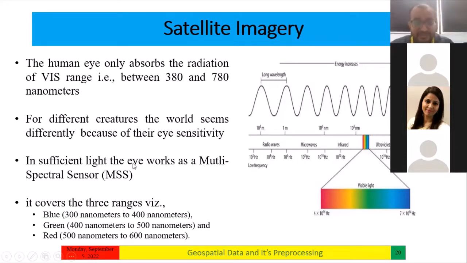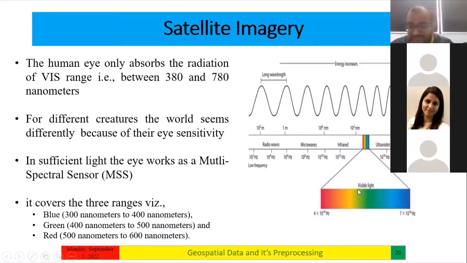So for different creatures, the world seems different because of their eye sensitivity. In sufficient light, the eye works as a multispectral sensor, and because of that, we are able to see colored images, or the color of different objects. So blue, green, red: blue is 300 to 400 nanometers, or 0.3 to 0.4 micrometers, and green is 0.4 to 0.5 and red 0.5 to 0.6 micrometer range of the electromagnetic spectrum.